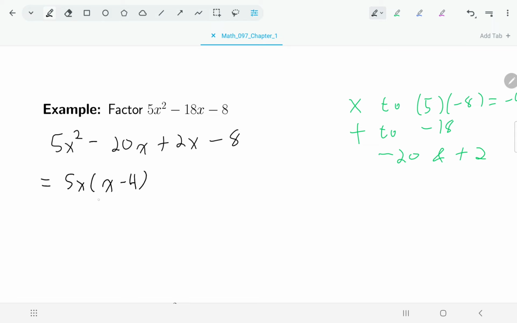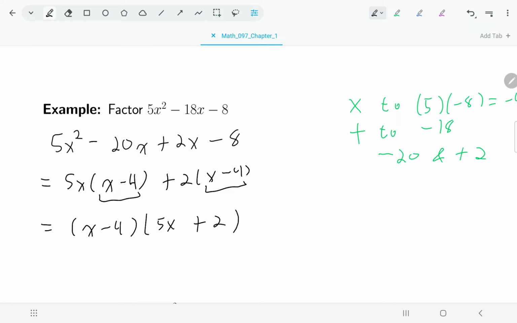And I should be able to find something that I can factor out of the last two terms that also leaves x minus 4 behind. And I can see that if I factor out a 2 out of the last two terms, that I do indeed have an x minus 4 left behind. So that means x minus 4 can be factored out of the two big terms that I've got, leaving behind 5x from the first term and 2 from the last.